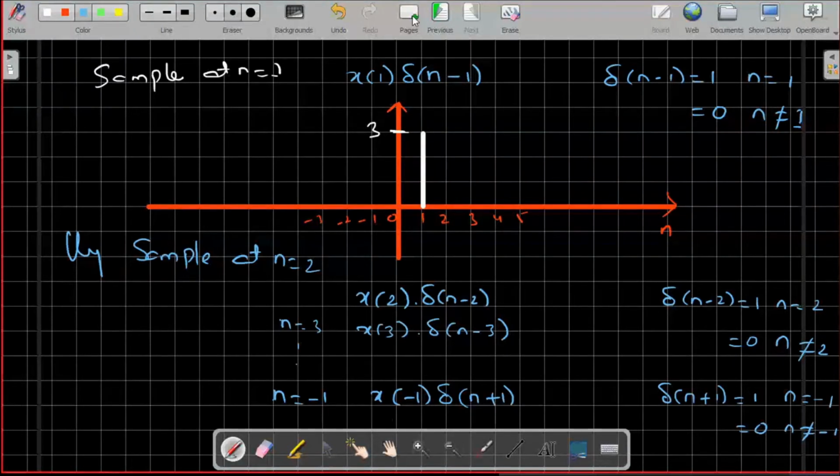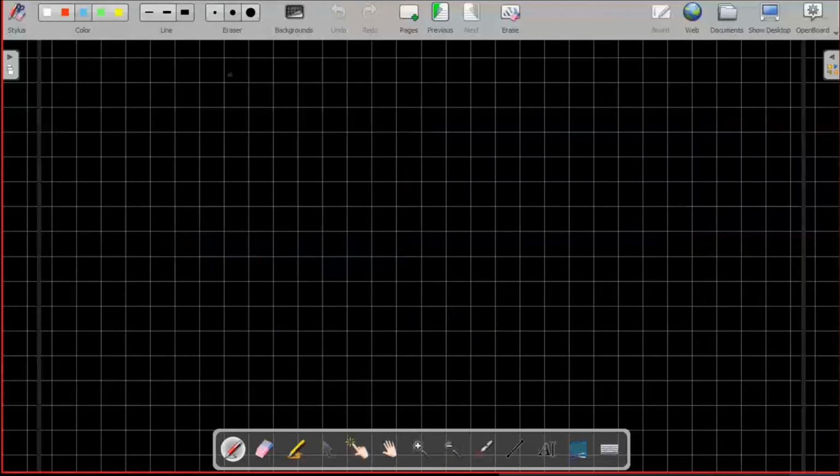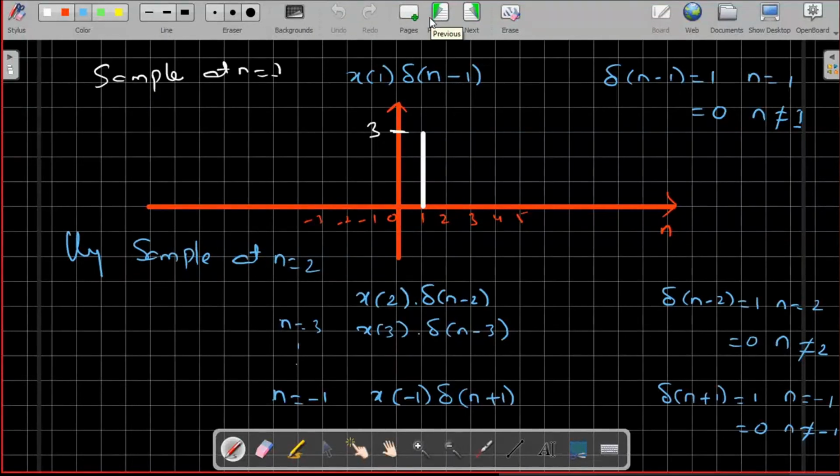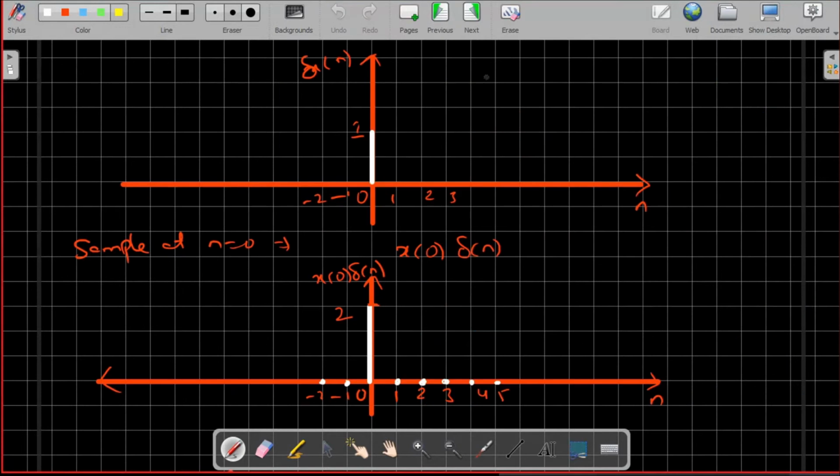Now we need the complete signal x of n. That we can obtain by adding all the samples. See, let us say this is part 1, part 2, and this is graph 1.